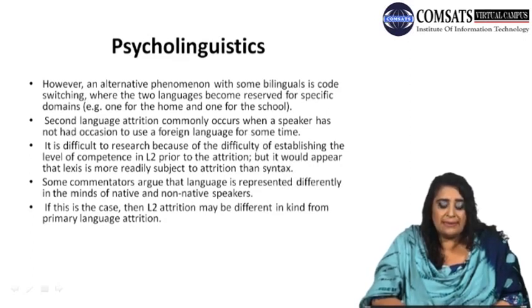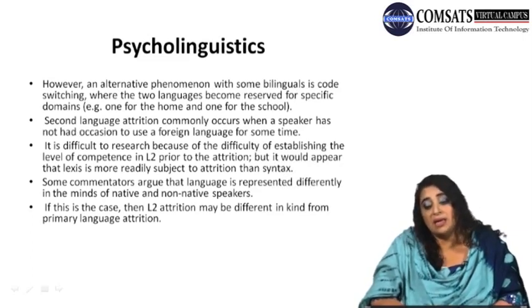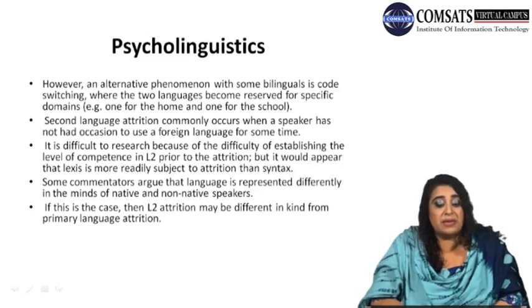Some commentators argue that language is represented differently in the minds of native and non-native speakers. If this is the case, then L2 attrition may be different in kind from primary language attrition. So some commentators would say that language would be represented differently.